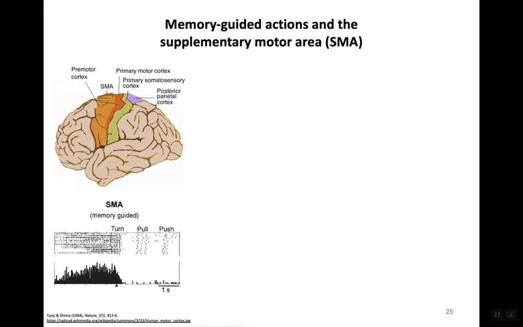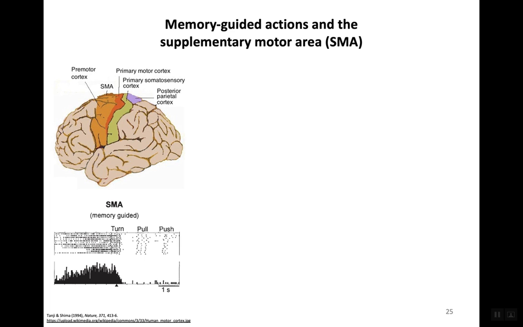Okay, moving on. The supplementary motor area, or SMA for short, is yet another region whose function has been extensively debated over the last few decades. This is a region located anterior to primary motor cortex and medial to the premotor cortex, much of which is actually located on the midline surface of each hemisphere.